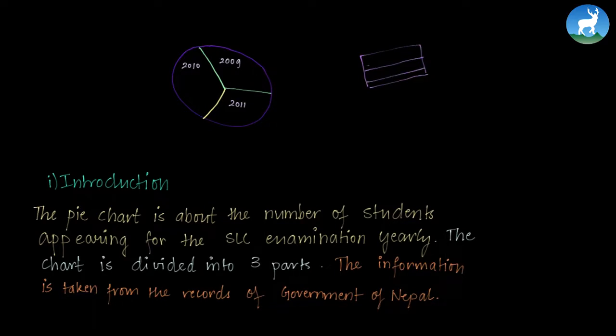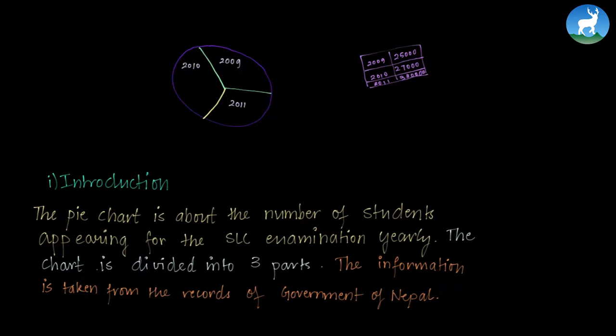So we have 2009, 2010 and 2011 with 25,000 students, with 27,000 students and 33,000. So this is the information that is referred to while drawing this pie chart.